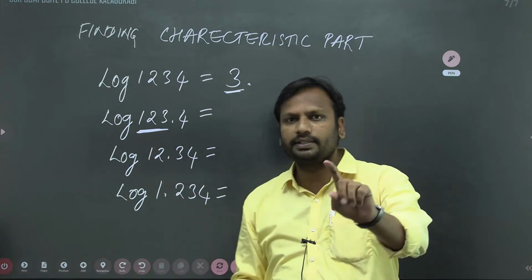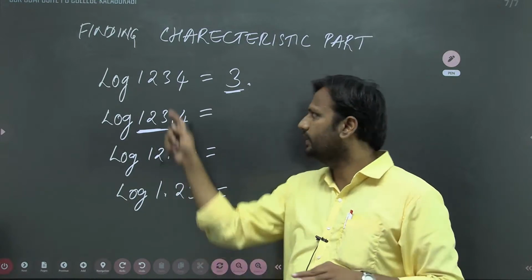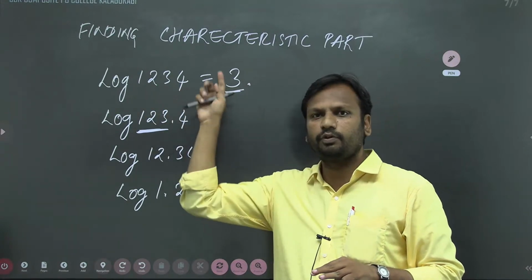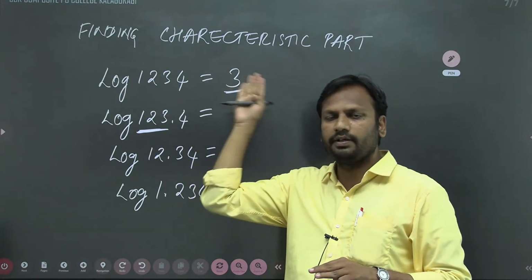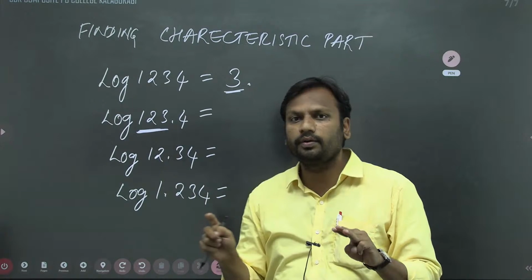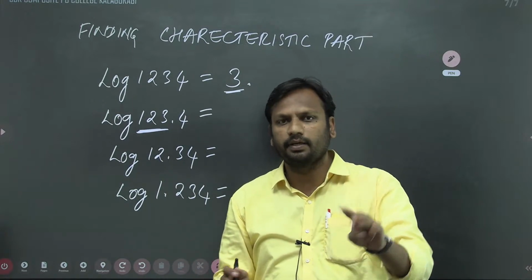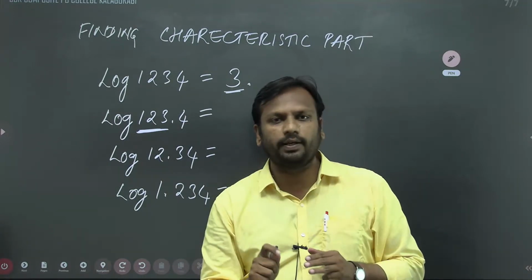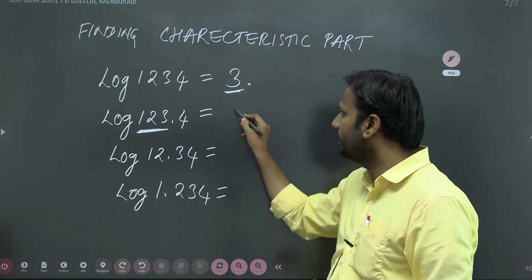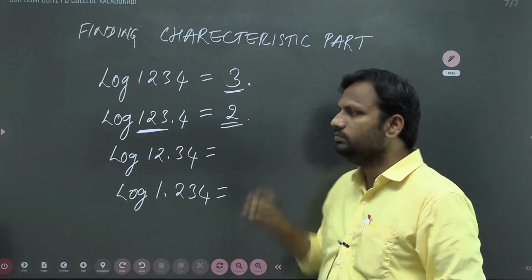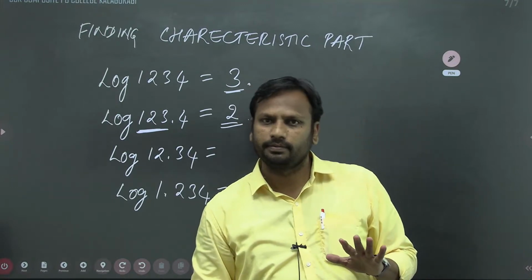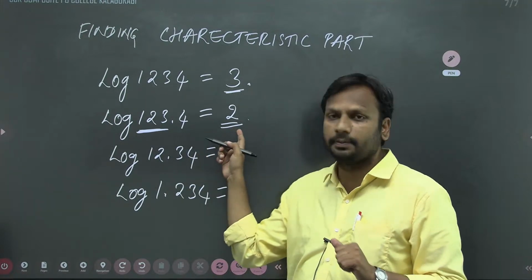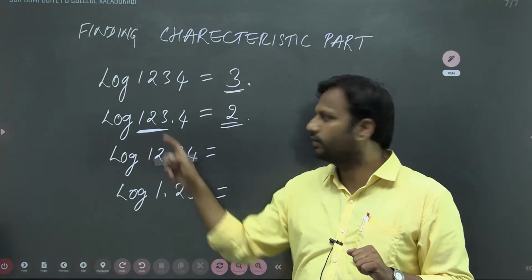See here, 123 is only a 3-digit number. Previously 1234 was 4-digit, and we wrote 3. Now it is 123, a 3-digit number. 3-digit number subtract 1, what do you get? 2. 2 is the characteristic part of this log value here.